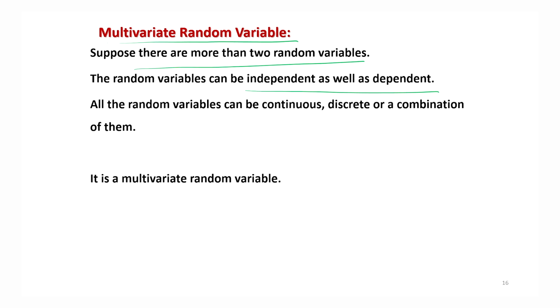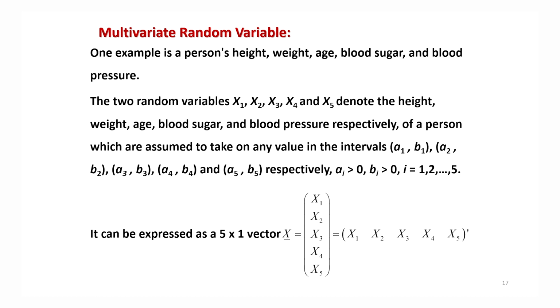It is also possible that all the random variables are continuous, all discrete, or a combination, where some are continuous and some are discrete. So this is the setup of a multivariate random variable, right?